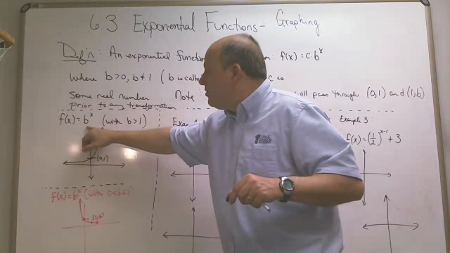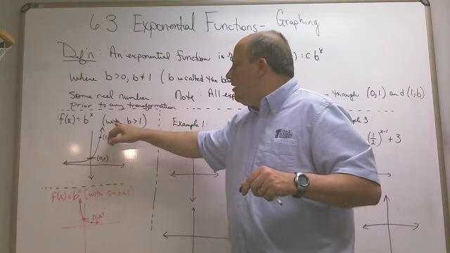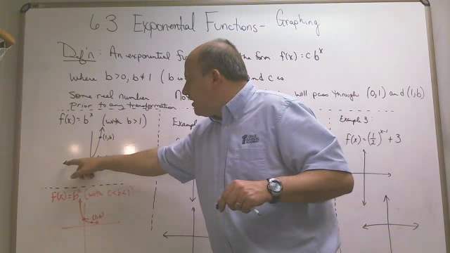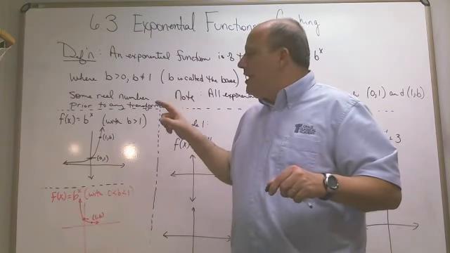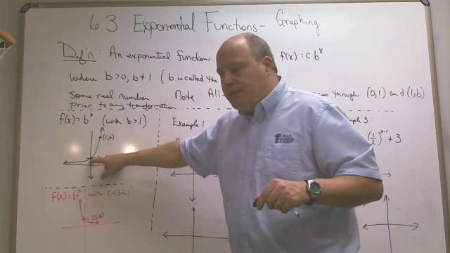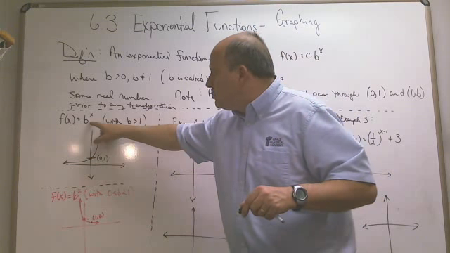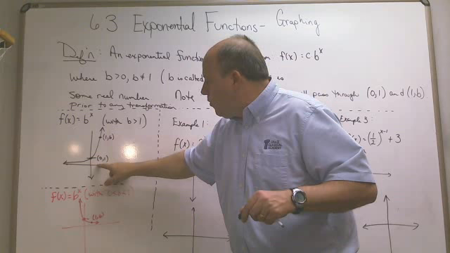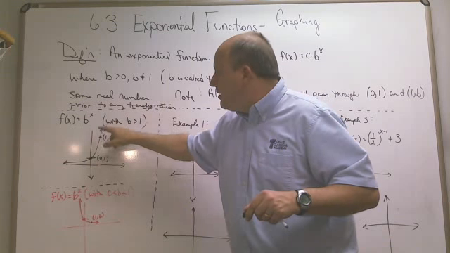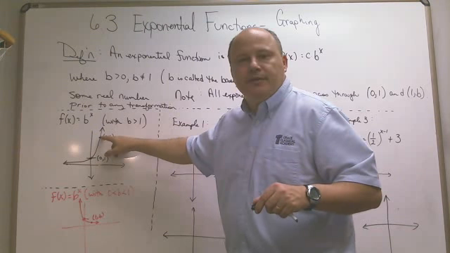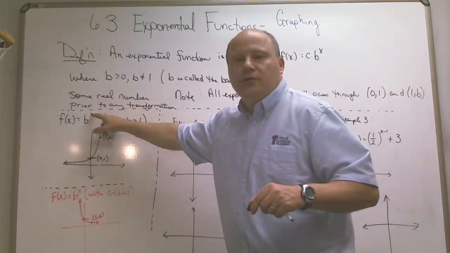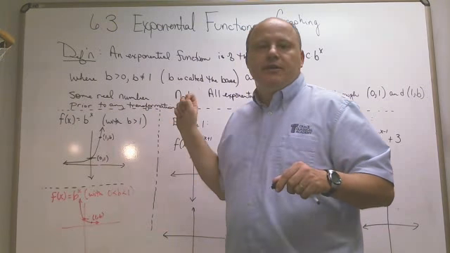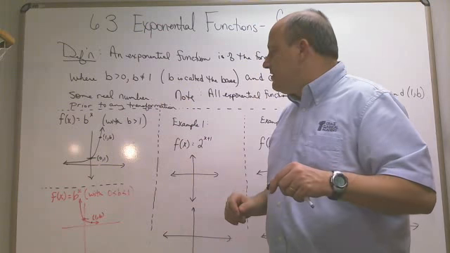F of x equals b to the x, where b is greater than 1, will look like this. It's kind of like a backwards L shape, okay? And it will go through (0, 1), and (1, the base). So if this was 2 to the x, it'd be (1, 2). If this one was 3 to the x, it'd be (1, 3). And it makes sense, because if this was 3 to the x, and x is 1, 3 to the 1 is 3. So it makes perfect sense there.